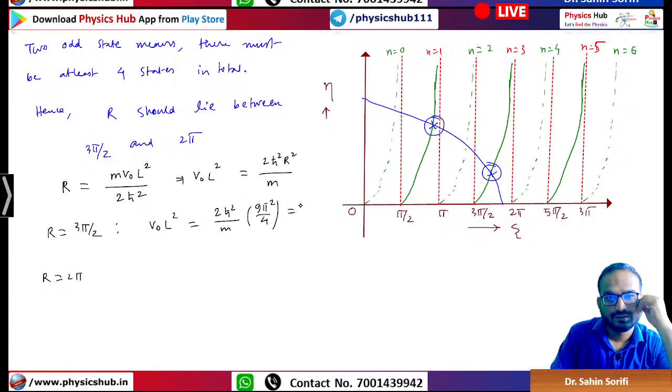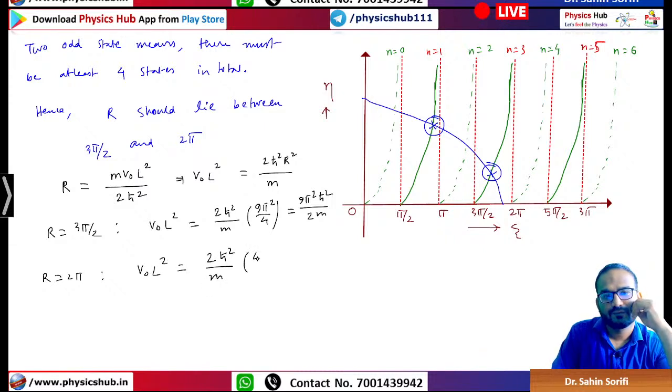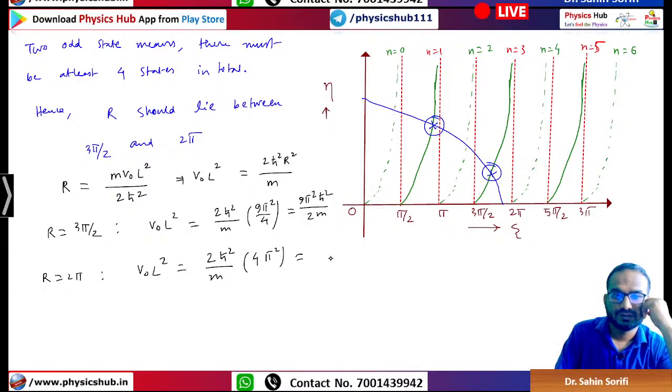So this is how much? 9 pi square h cut square by 2m, and for the upper limit V naught L square is 2 h cut square by m times 4 pi square. Now if you want to write in terms of 2m, this is 8 pi square h cut square by m.